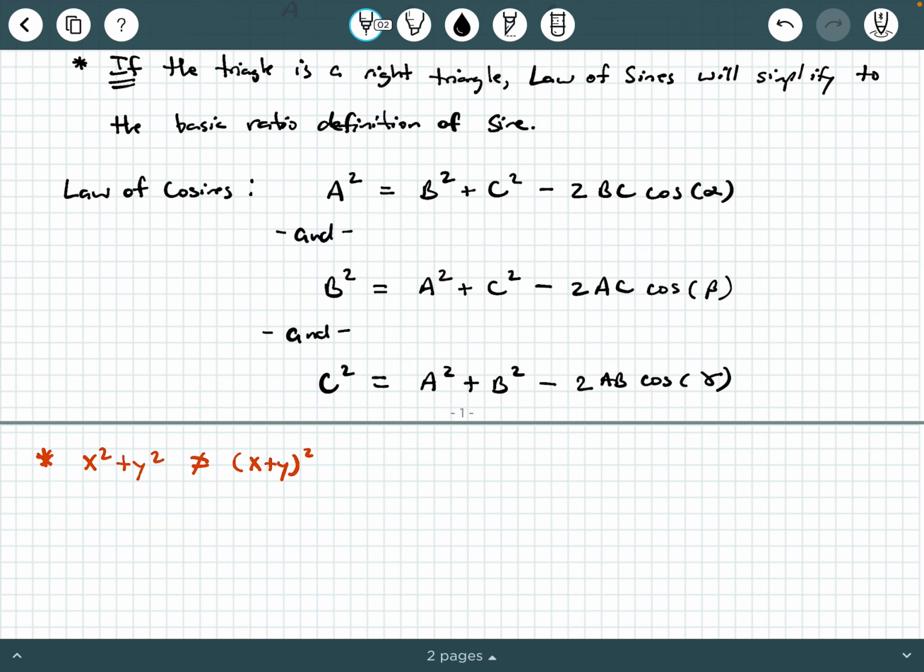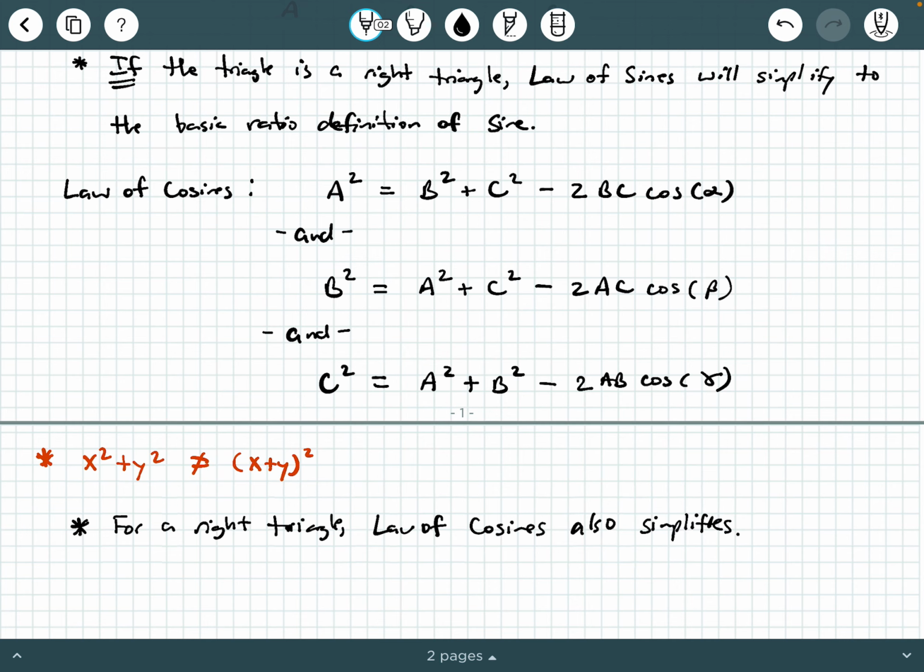So that's our law of cosines. And guess what? The same little statement I made earlier is true, okay? For a right triangle, law of cosines also simplifies.